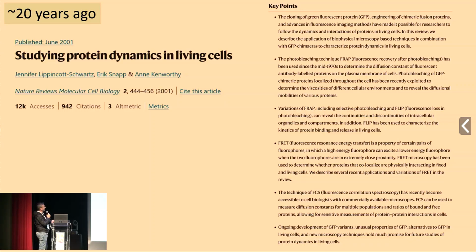There were also all these variations of FRAP that occurred at the beginning of the 21st century. So this FLIP, this FLAP, photoactivation, and so on. And also they were talking about FRET, and they were also talking about the beginning of FCS, saying that it recently became accessible to cell biologists with commercially available microscopes.